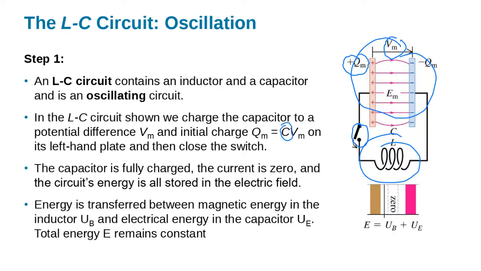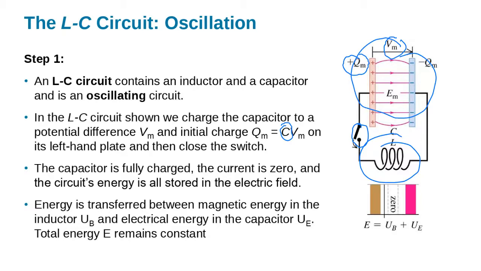I've looked at this last semester, the relationship between voltage, charge, and capacitance. The better a capacitor we have, the more capacitance it has, the more charge it can store for a given voltage. So if this is a really good capacitor and we charge it up with a particular voltage, then it will have a lot of charge stored on it.